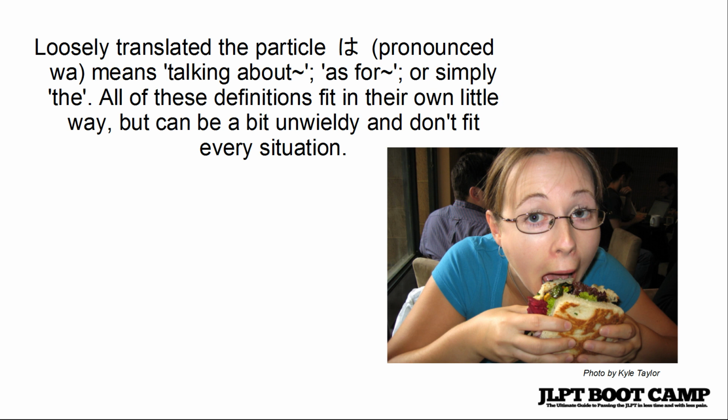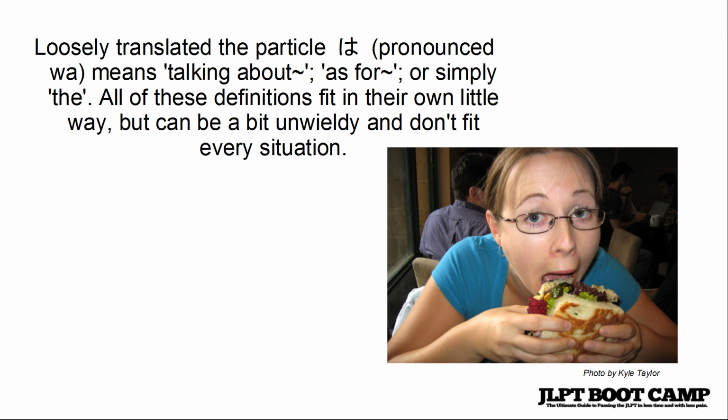The wa particle basically means "as for," or "talking about this topic," or simply "the." There are a lot of different definitions that fit in their own little way, but they don't really fit every situation. I should start off by saying that the wa particle basically has two different functions that sometimes overlap.